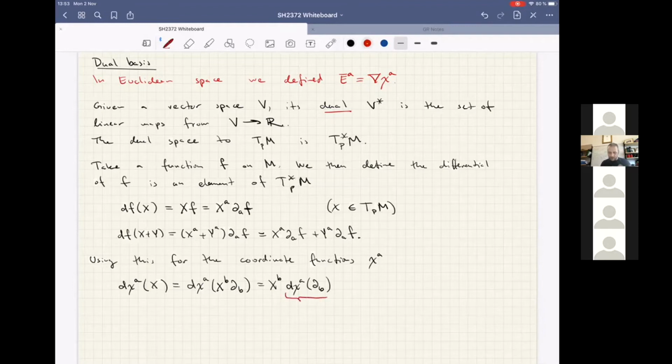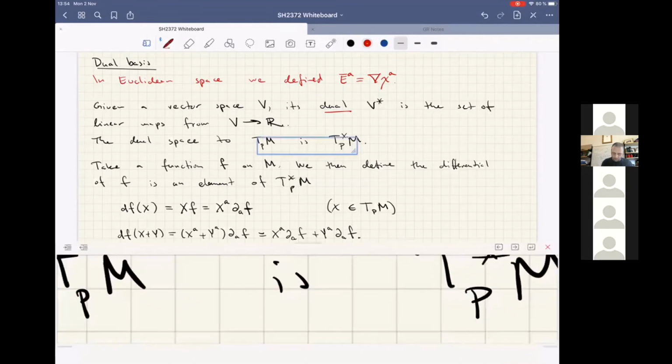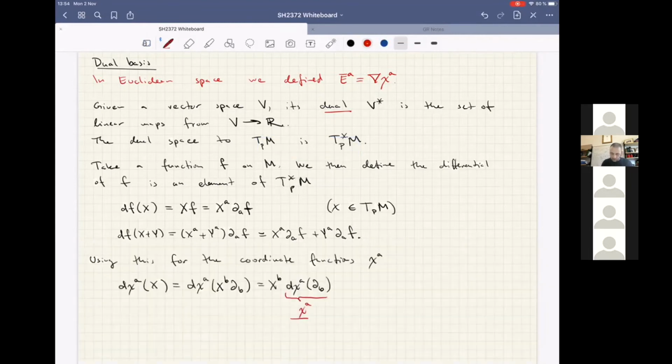So d chi a of ∂b by definition was d chi a, sorry, there needs to be a differential. It's d chi a of d chi b. So it's the differential of the coordinate function chi a with respect to the coordinate functions chi b.